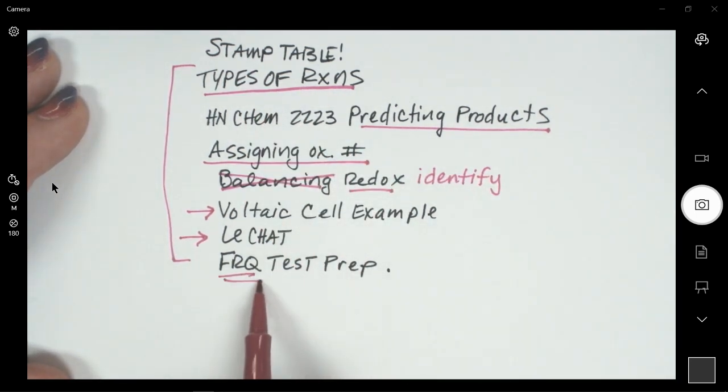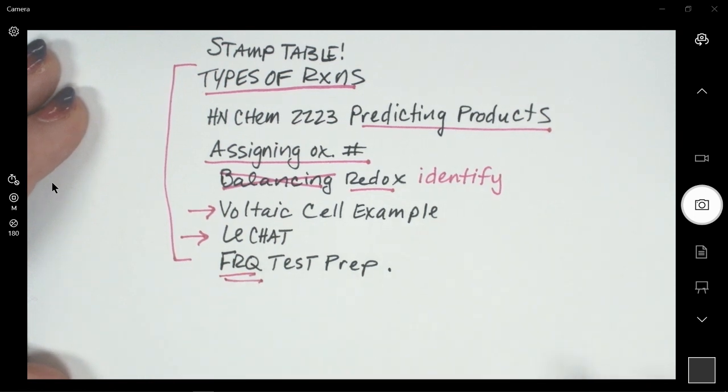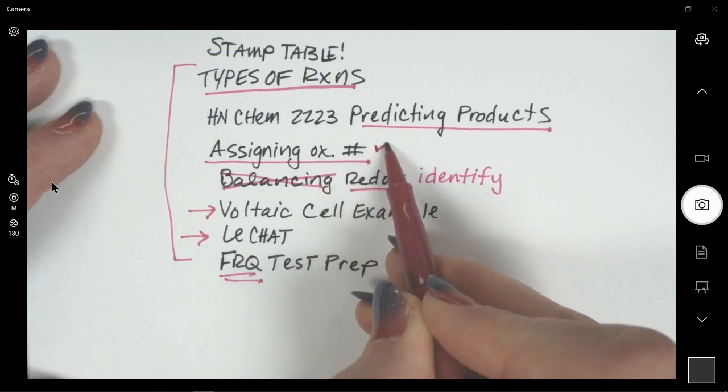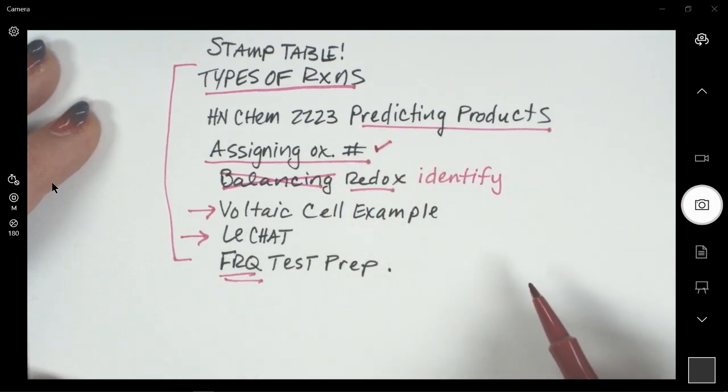So that handout that I gave you, the FRQ test prep, would be ideal. You need to be able to assign oxidation numbers to get the formulas right after you predict the products. And once you have the formulas right, then you can balance it. So that is your Unit 6 test.